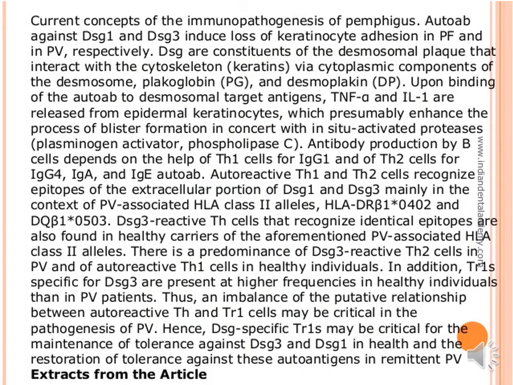Current concept of the immunopathogenesis of pemphigus: antibodies against DSG1 and DSG3 induce loss of keratinocyte adhesion in PF and in PV, respectively. DSG constitutes the desmosomal plaque that interacts with the cytoskeleton keratins via cytoplasmic components of the desmosome, plakoglobin PG and desmoplakin DP.